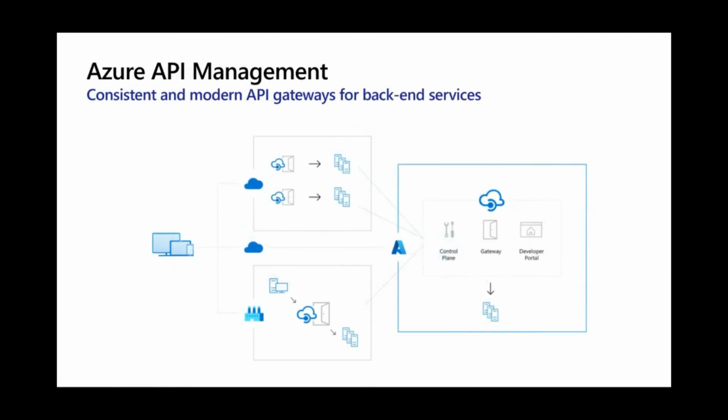And here comes Azure API Management. Azure API Management is an Azure platform service that enables you to expose, protect, and manage the API. It is made of three main components. The API gateway is the endpoint that accepts your customer calls and routes them to the backend.